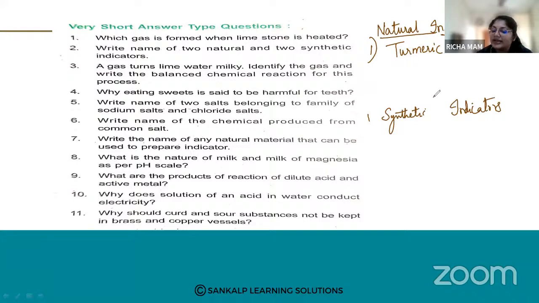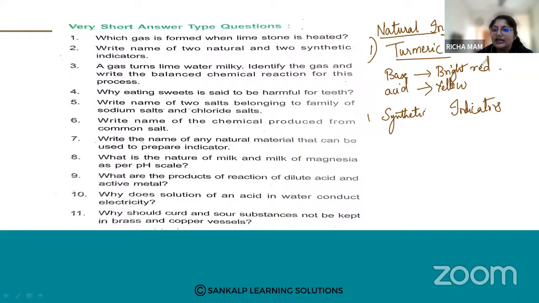It turns bright red when you expose it to bases, and it turns yellow when it is acidic in nature.